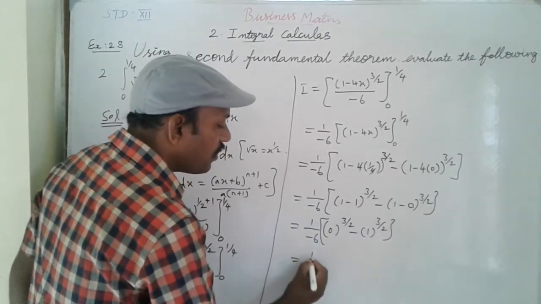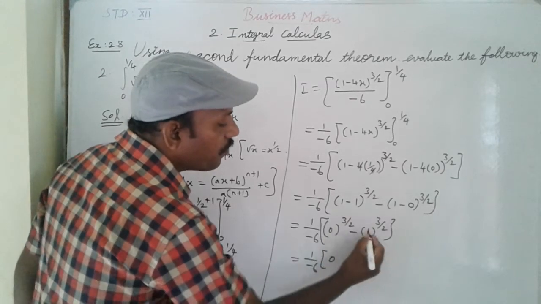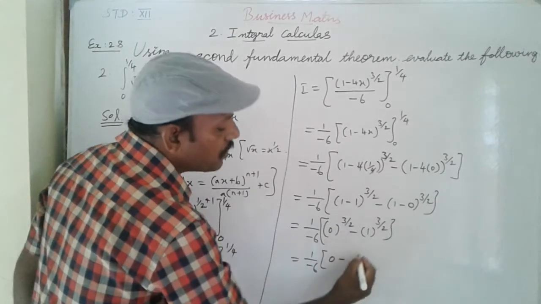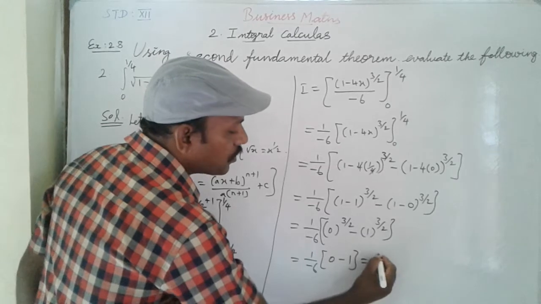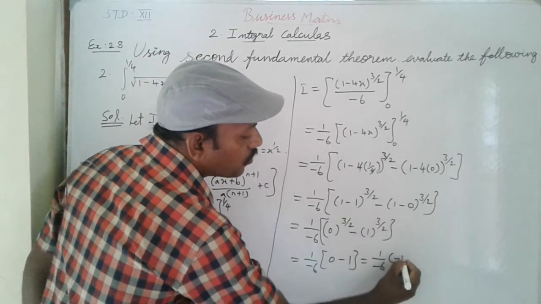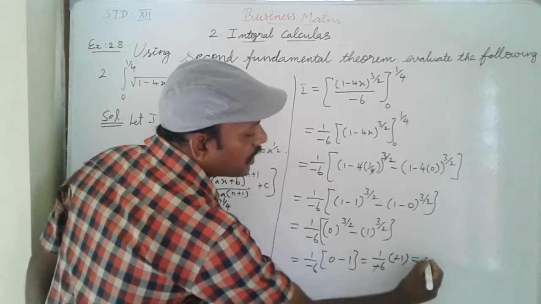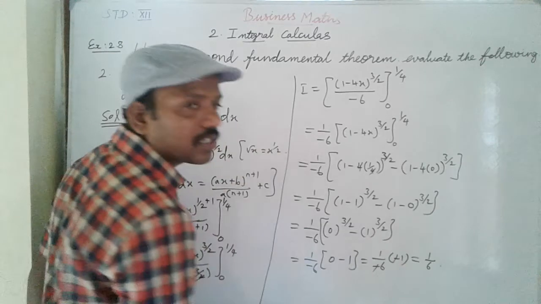So 1 divided by minus 6, 0 power 3 by 2 is 0, minus 1 power 3 by 2 is 1. So 1 divided by minus 6, 0 minus 1 is minus 1. The two minuses cancel. 1 by 6 into 1 is 1 by 6. That's all.